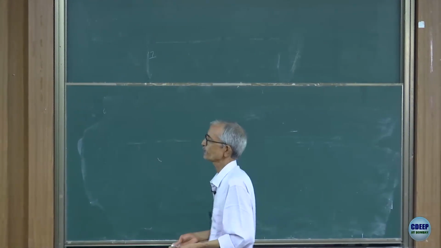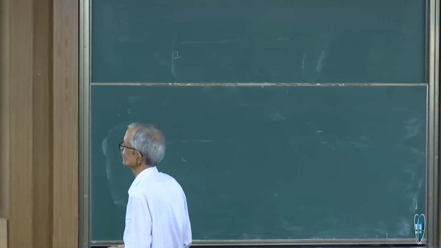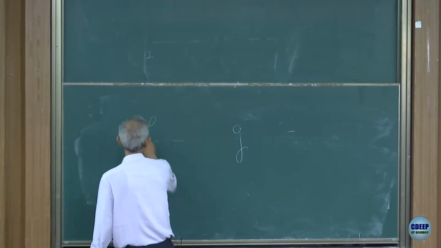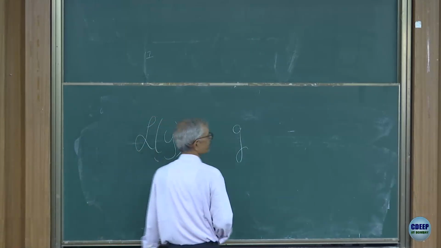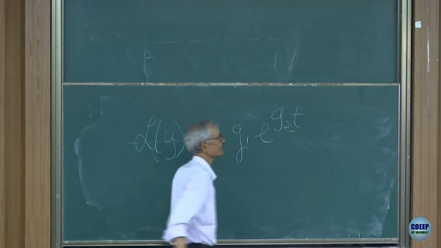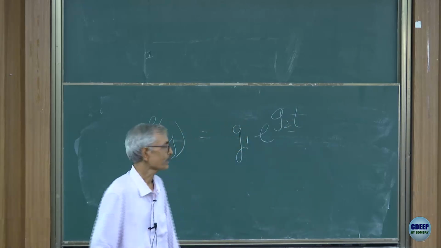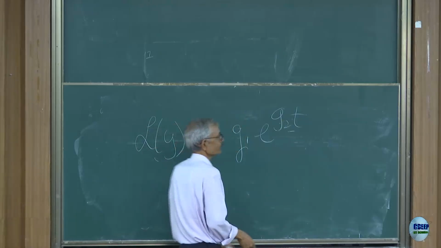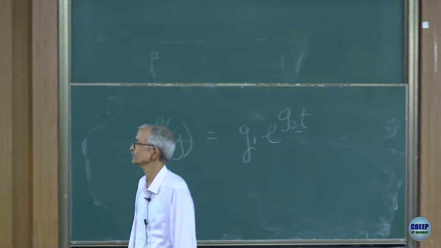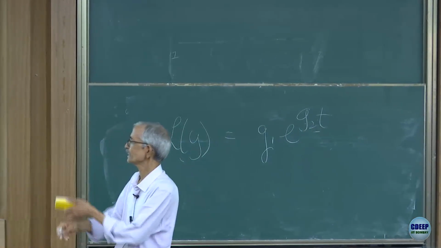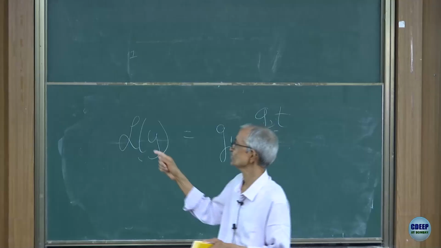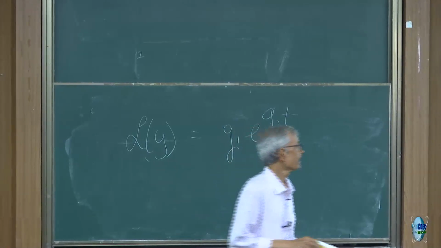So if the right hand side is g1 e to the power of g2t, then the suggestion is that you use the particular form g1 hat e to the g2t, plug it in, and you are going to get one equation and a solution for this so-called g1 hat. Okay.